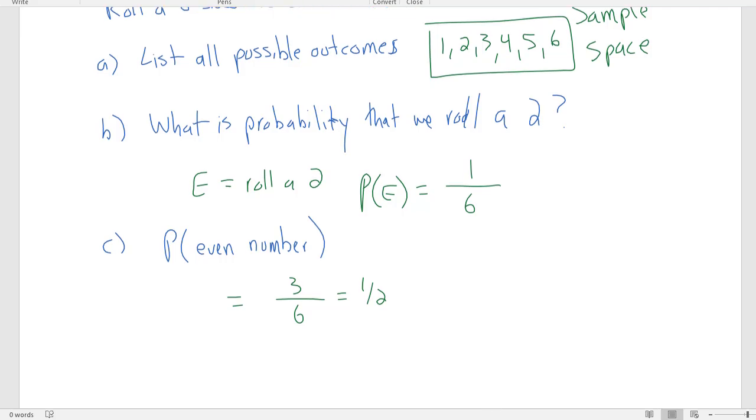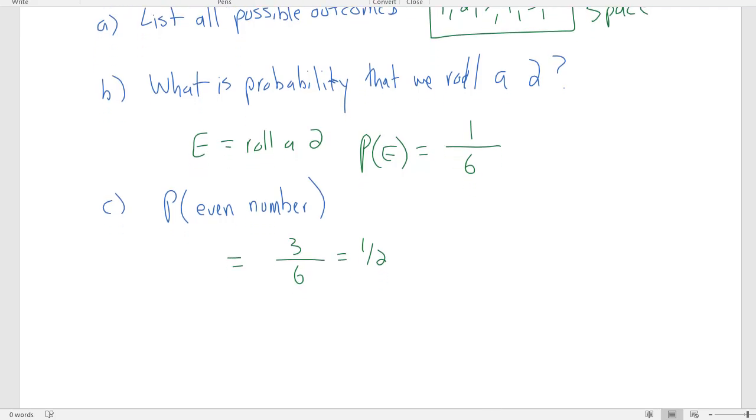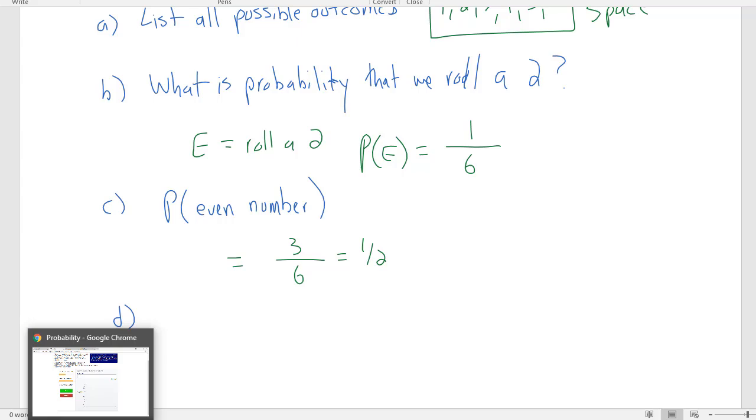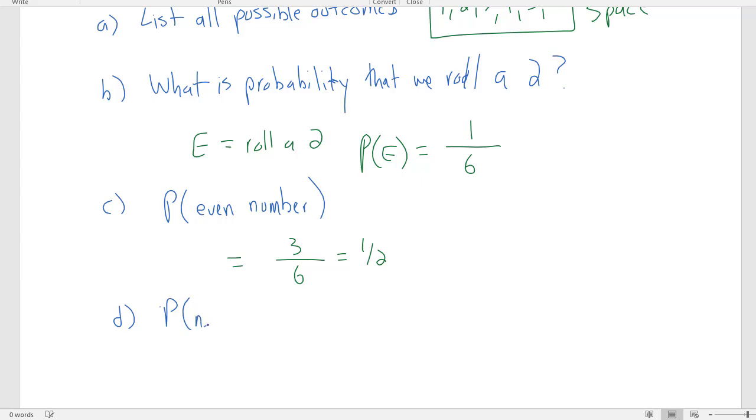Then let's discuss 2 other problems. Let's say we're going to do letter D, and for this one we want to find the probability of not a 2. In letter B, we found the probability of rolling a 2. Here we're going to look at the probability of not rolling a 2. There are two different ways that we can attack this.